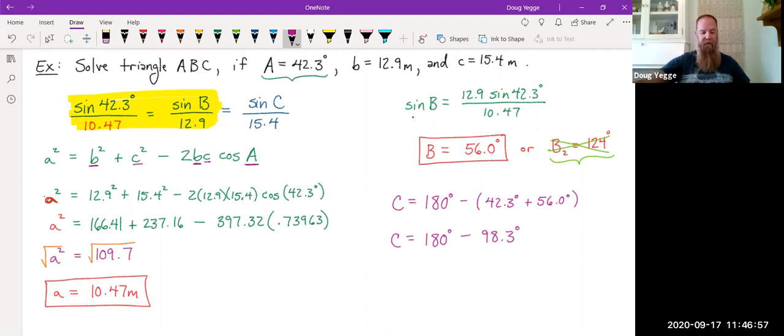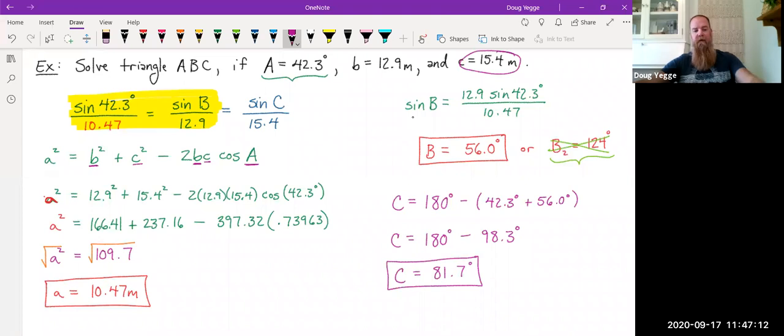So when I subtract those, I find that angle C is 81.7 degrees, which if you look at all of the angle measurements is still the largest of the three angles, which makes sense because it's opposite the largest side. So once we use the law of cosines the first time in order to find the missing piece of information, we can then resort to using the law of sines to answer the rest of our question.